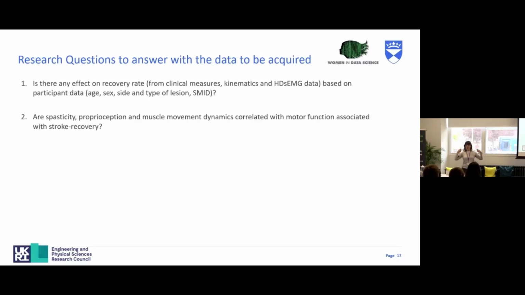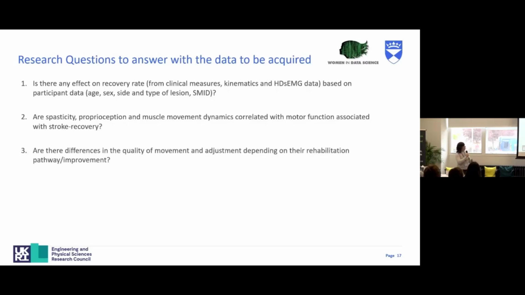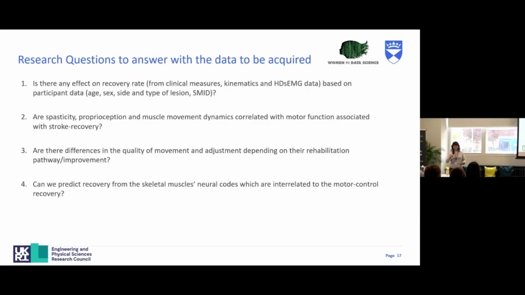Are they more aware of their body, the better they seem to recover? Are there differences in the quality of movement and adjustment depending on their rehabilitation pathway or their improvement? Can we predict, ultimately, where they're going to go based on their movement? And that's kind of the big question.